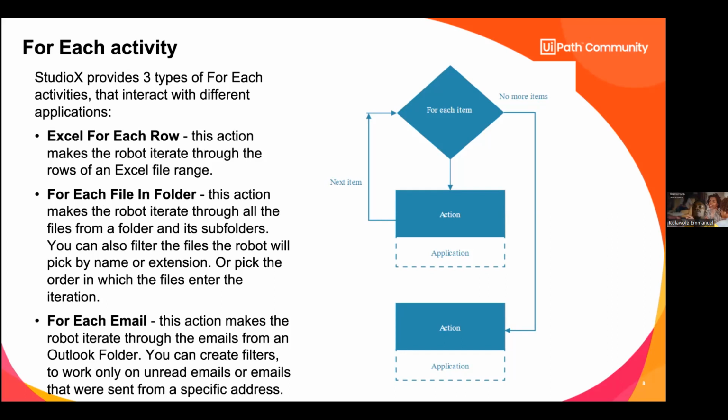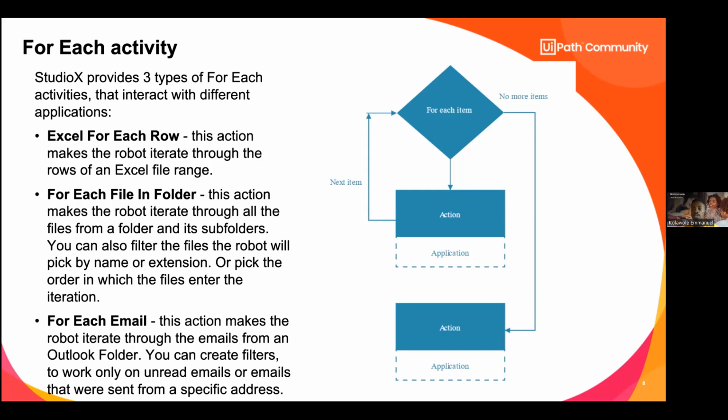So let's say you have a folder with about 10 files, and you want the bot to perform something on those files. You can use your for each file in folder.